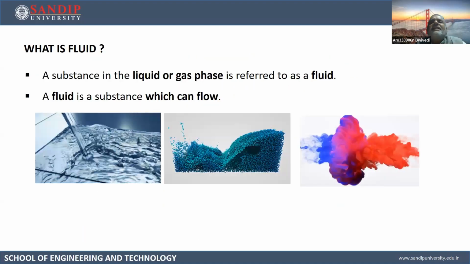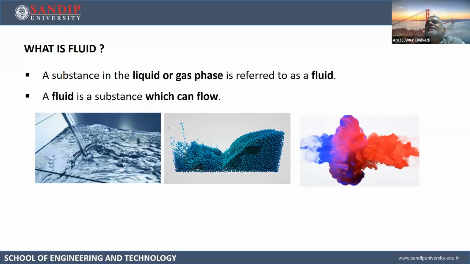Now, you can see these are some photographs, which can be taken directly from the internet. Here you can see a jet of water coming, the water is flowing. The second figure is a thermal diagram showing how the flow is taking place and a hydraulic jump is occurring. So it is also a flow. Flow is changing from subcritical to supercritical state.